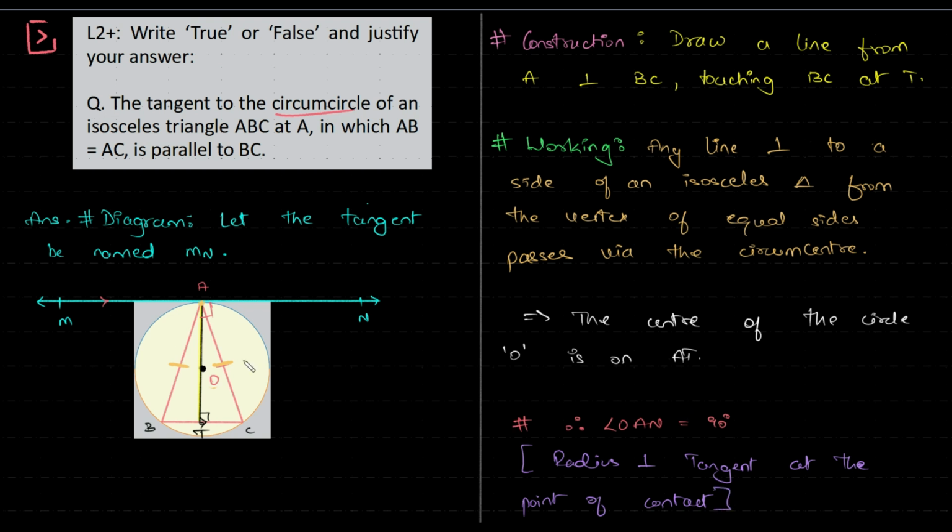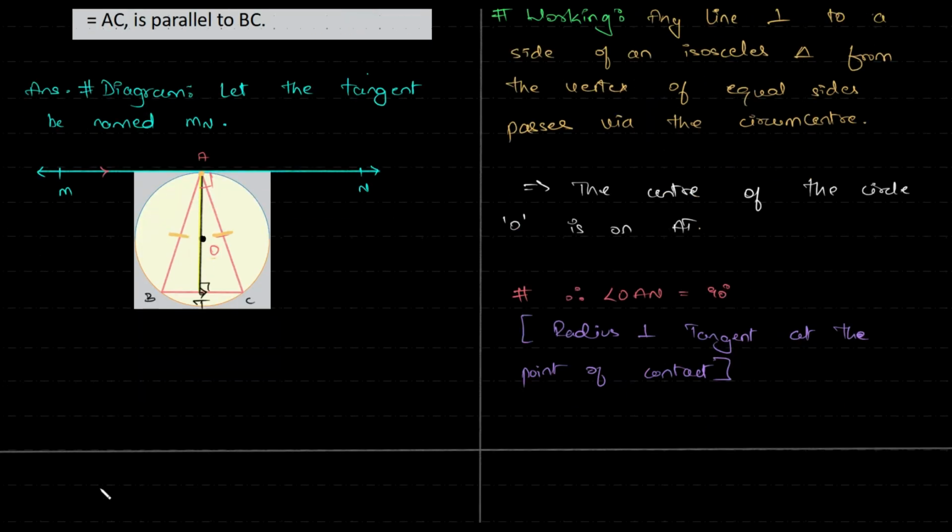Since we have the co-interior angles equal to 90 degrees, what can we tell? Yes, we can tell that the lines are parallel.